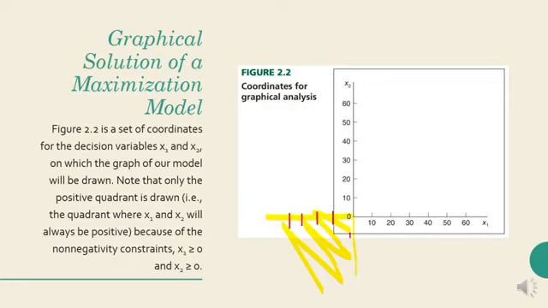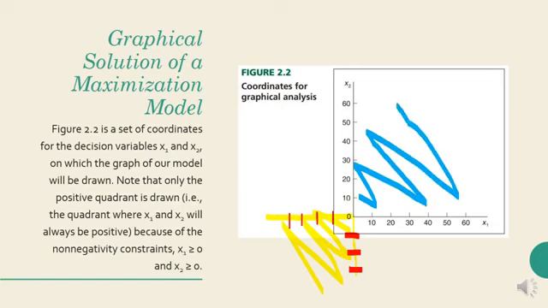Ito din naman, negative 10, negative 20, negative 30. Kaya lang, hindi na pinapakita yan. Kasi, those are non-negativity constraints. Okay? So, itong part lang na to ang pinapakita yung positive. Itong part lang na to. Okay? Yan lang ang ating concern. Dahil, wala naman tayong tinatawag na negative items. No? Okay, so let's continue.